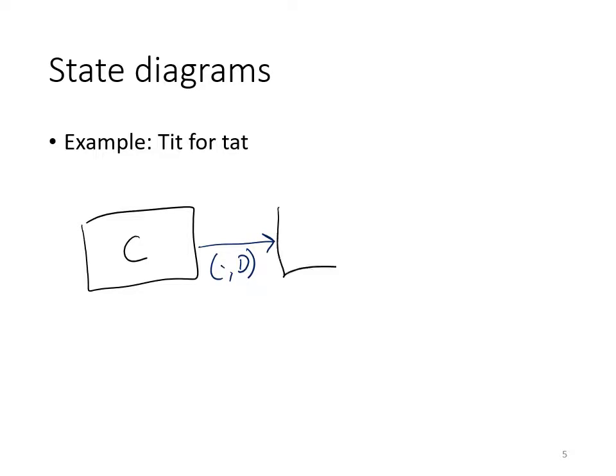So let's put that here. But tit for tat copies what the other player does. So you start and cooperate. If they keep cooperating, you'll just stay there, right? You're not exiting, so you're just going to stay in there for as many rounds as they keep cooperating.